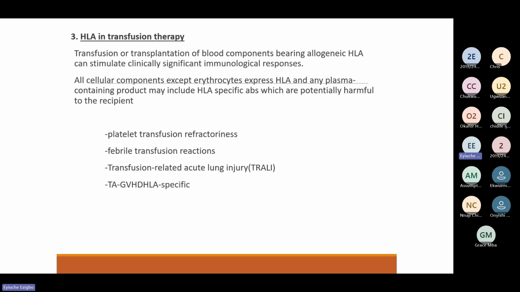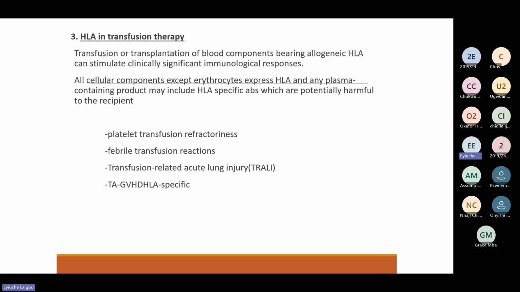Why? Because during blood transfusion, some white cells can still form part of the red blood cell transfusion, and these white cells express HLA antigen, which can elicit some reactions. And even if it is a plasma product that is being transfused, some of them can also have HLA-specific antibodies.